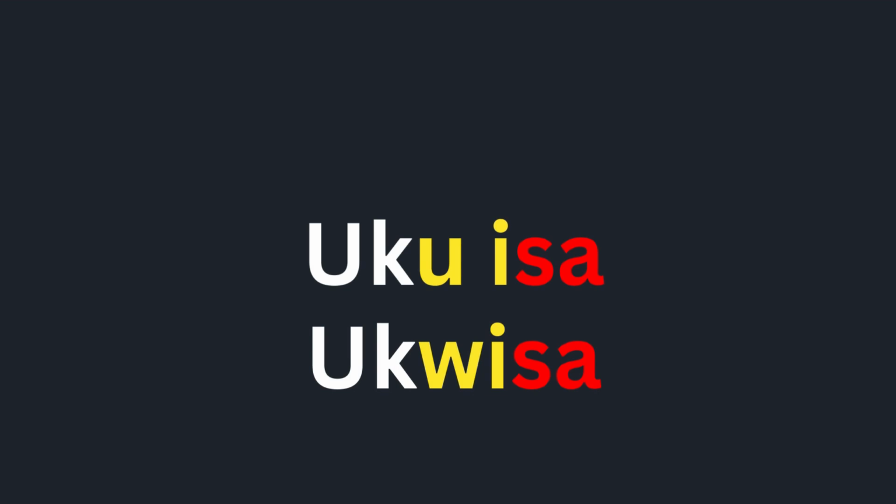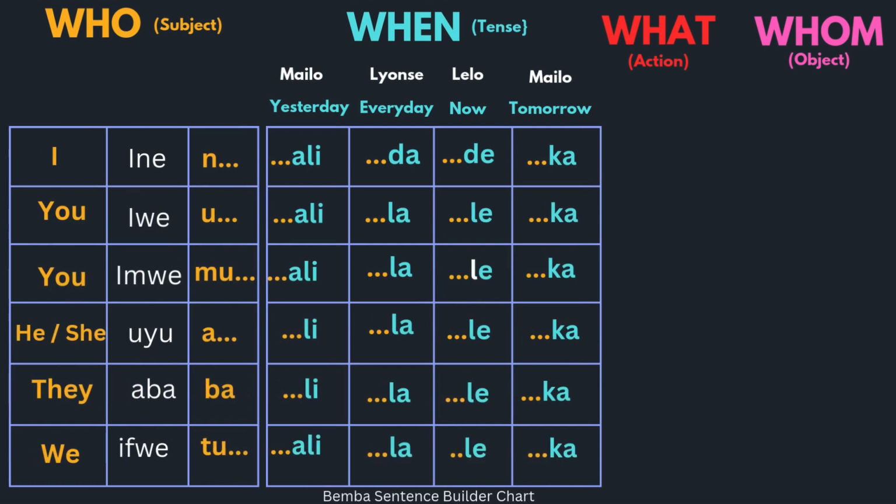So these are the two words that we'll look at, and we are going to make use of a chart that we've looked at before, the Bemba sentence building chart, which we will use quite frequently in our lessons as we learn the various ways that we make sentences and the order in which we join the words that make up the sentences.